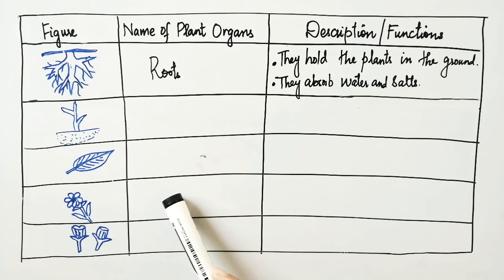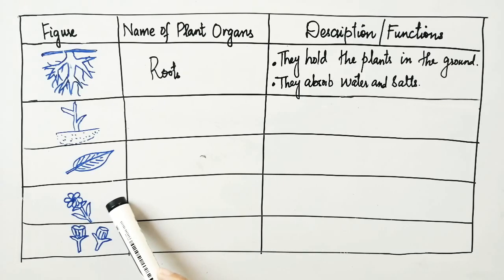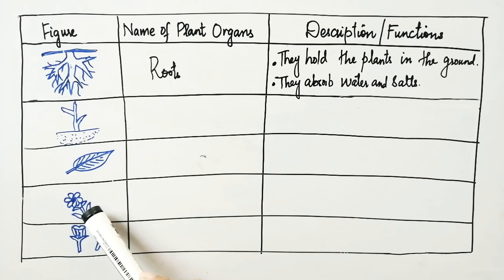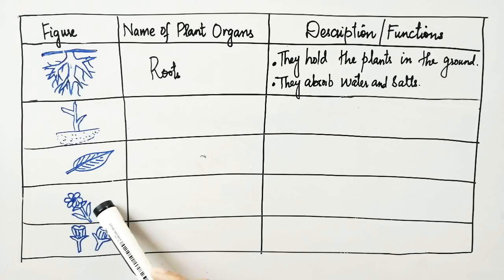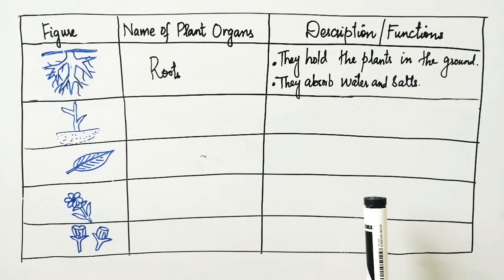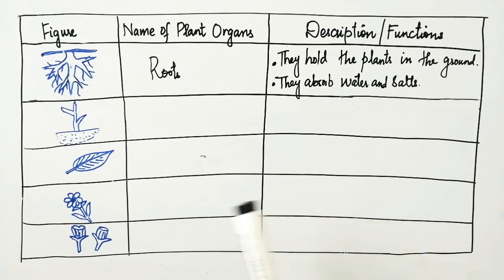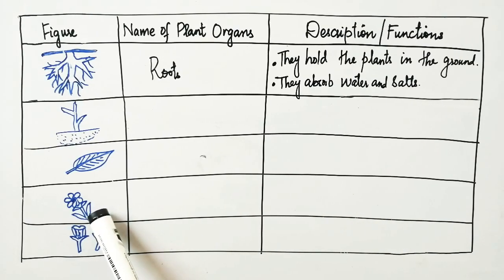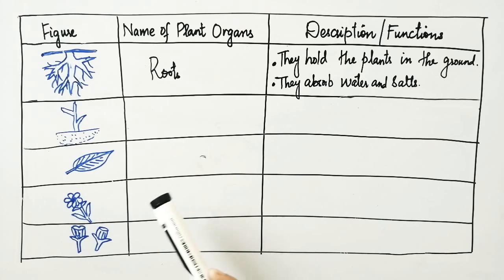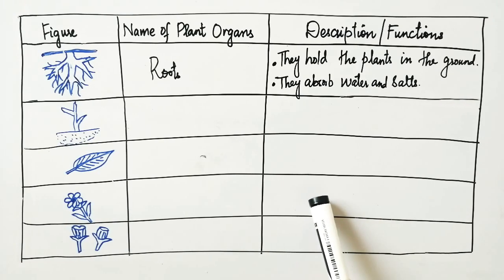Along with it, you can also write they are brightly colored, they have colored petals, and they have sweet smell, and due to their sweet smell, they attract insects towards them. And so plants not only help in the process of reproduction, but also you can write help in the process of pollination. So you have to write down the description in this space provided to you.